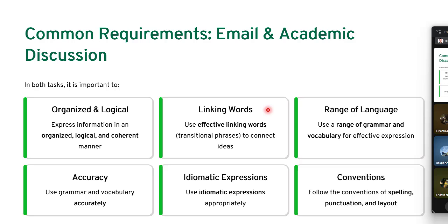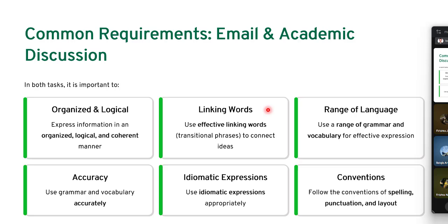So overall, the common requirements for both the email and academic discussion tasks are, first, the response should be organized logically and coherently. Second, we have to be able to use the right transitions to link ideas in our response. Third, we have to be able to use a variety of structures and vocabulary to convey our message.